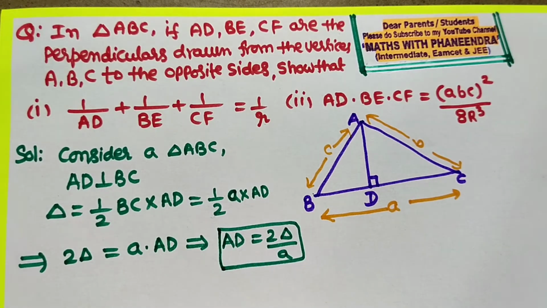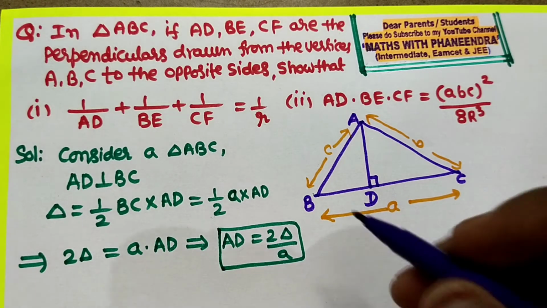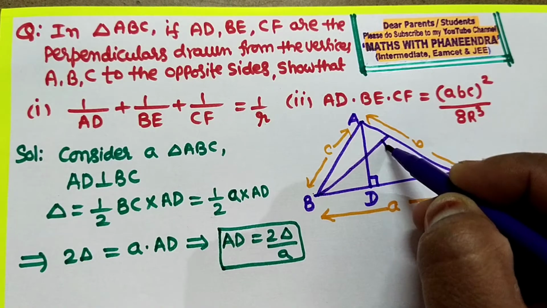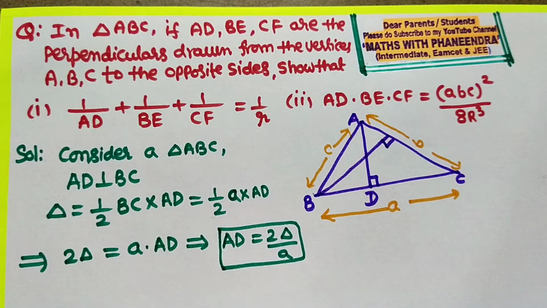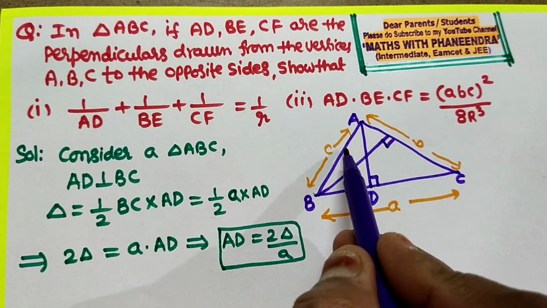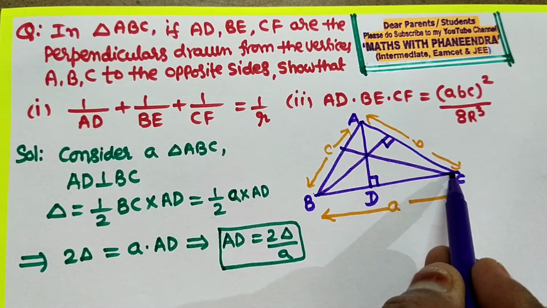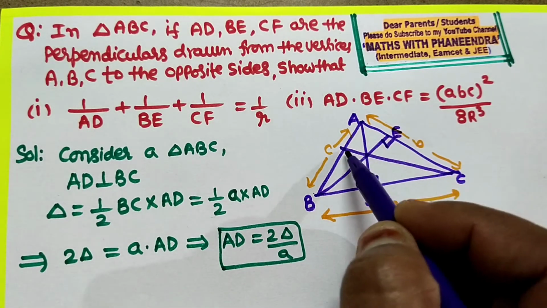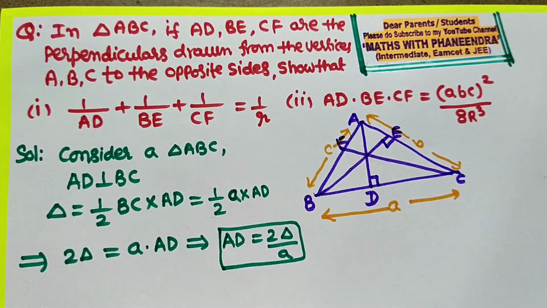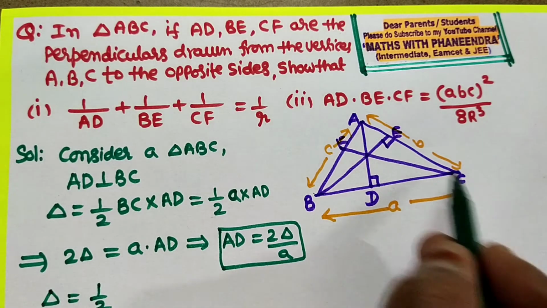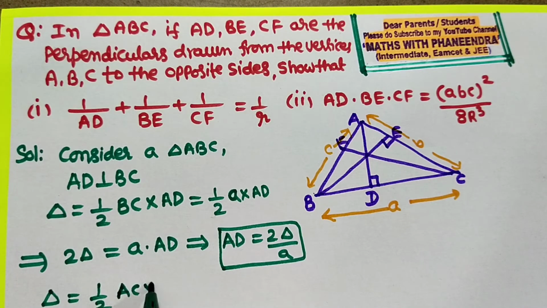Not only AD, BE also. They are asking BE. See, this is another perpendicular to the side AC, and CF. This is E, this is F. Similarly, the area of the triangle we can write as delta equals half into side AC into BE altitude.